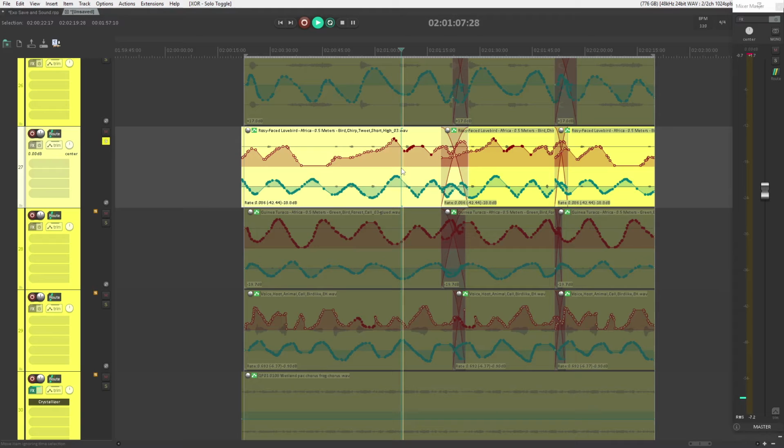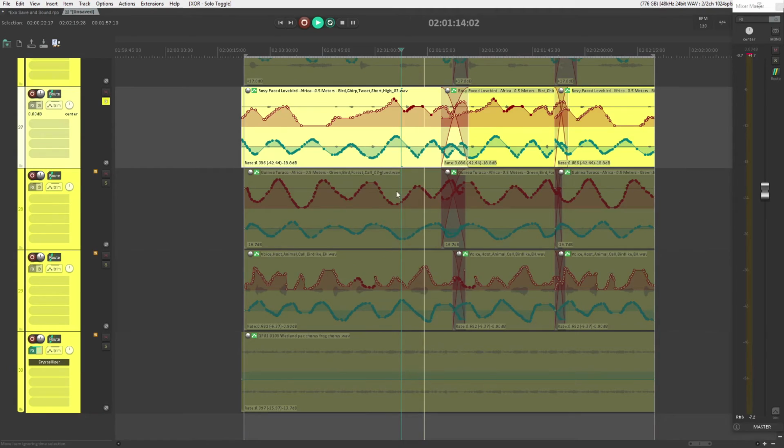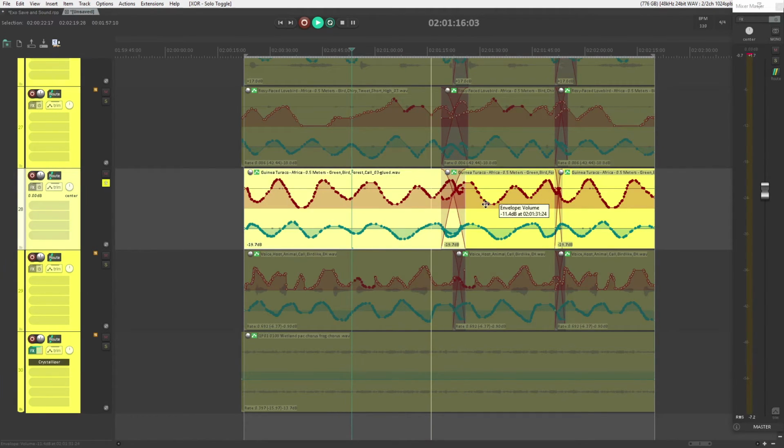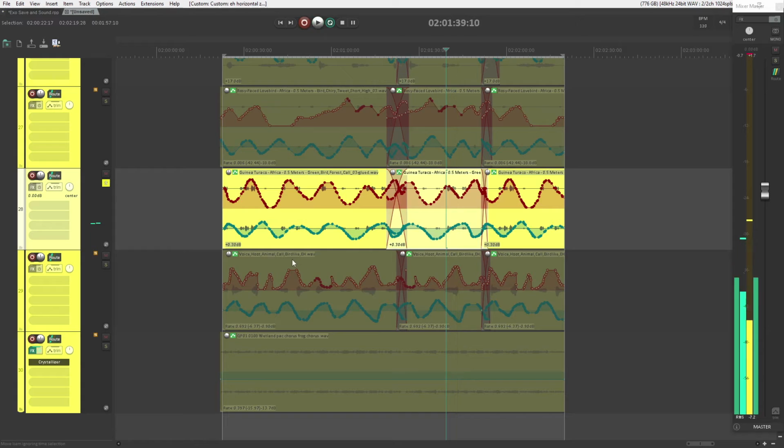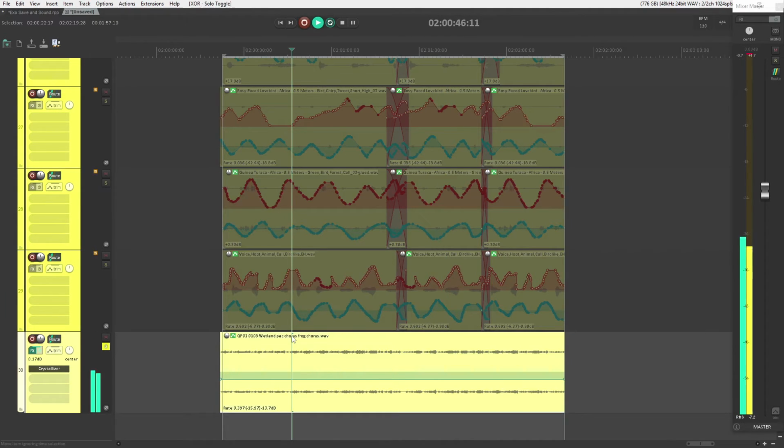Another stretched bird. Wow. This one is stretched a lot. This one I think is kind of like a parrot. And some more frogs.